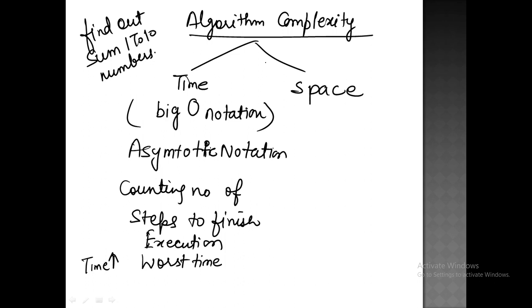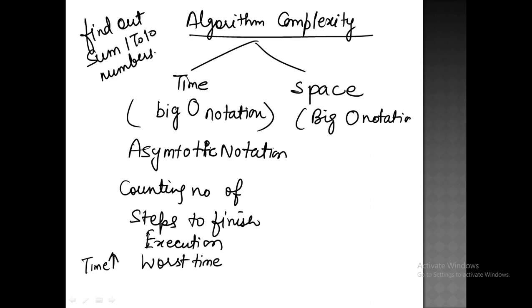Space complexity is the amount of space required to solve the problem and produce a result. Similar to time complexity, space complexity is also denoted by big O notation.